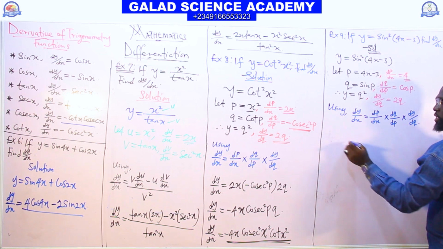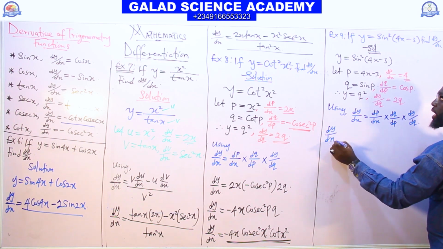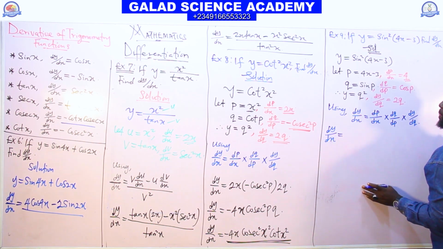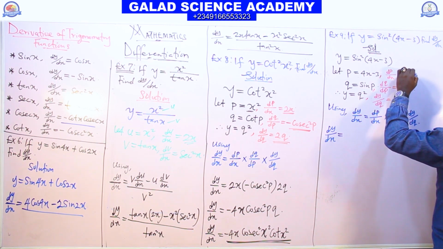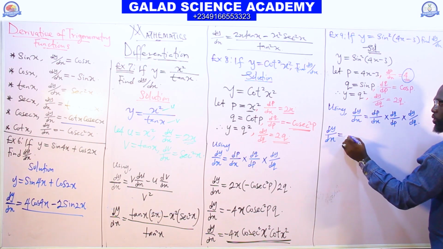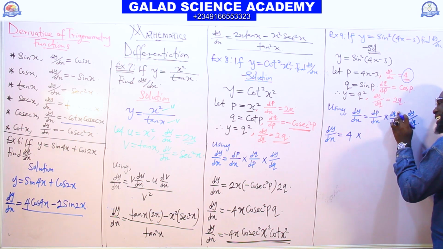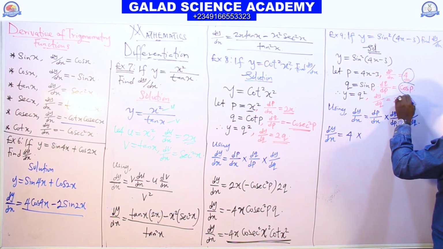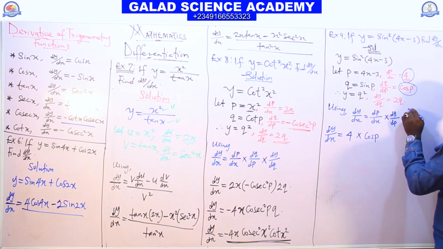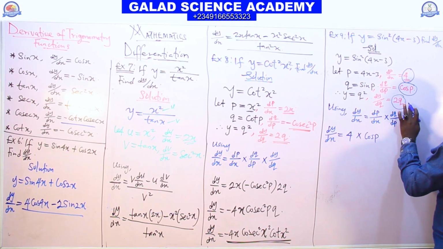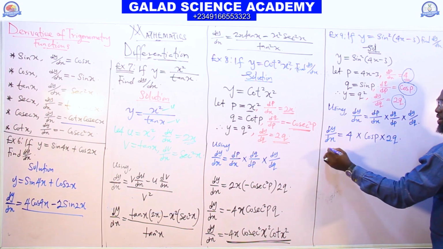So you now have dy dx will be equal to: the dP dx is 4, multiplied by the dQ dP, which is cos P, multiplied by dy dQ, which is 2Q.